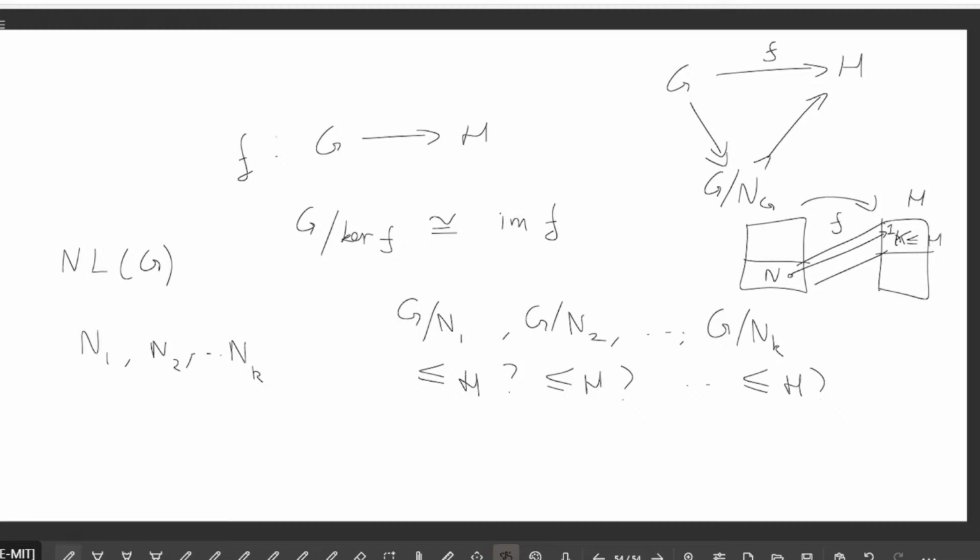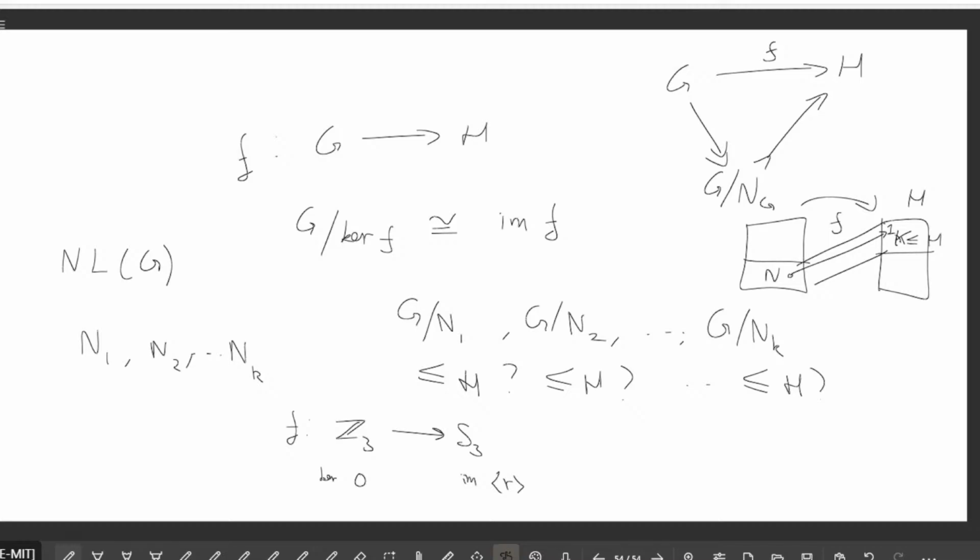Okay, I'll ask a concrete example. I want a homomorphism from Z3 to S3 whose kernel is 0 and whose image is A3.